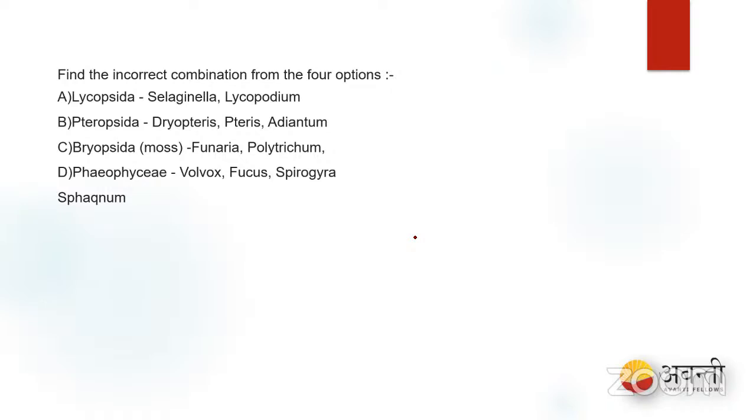Okay, students, I will end the poll now. When it comes to Lycopsida, Selaginella and Lycopodium are the right examples. When it comes to Pteridopsida, Dryopteris, Pteris, and Adiantum are also right options. In Bryopsida, when it comes to mosses, Funaria and Polytrichum are also correct options.